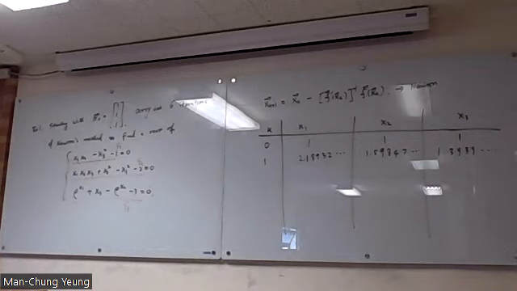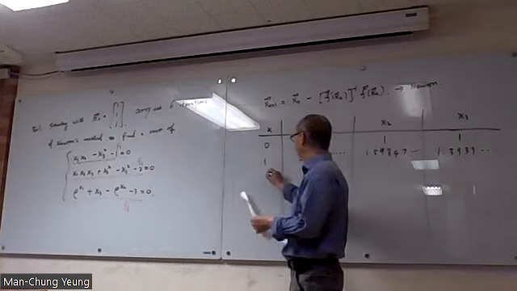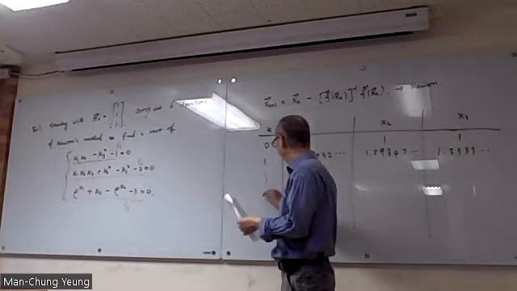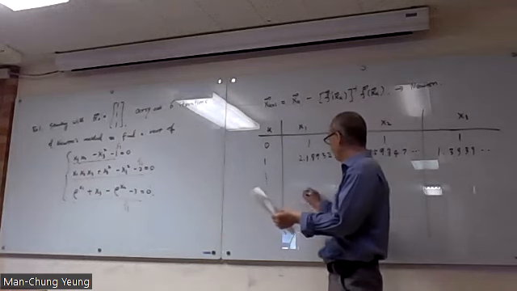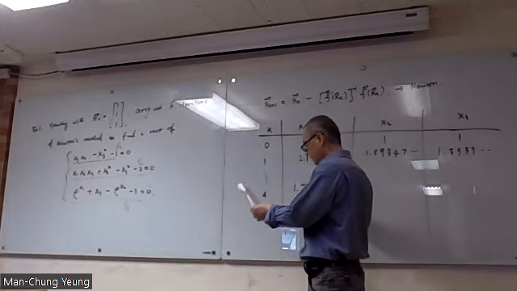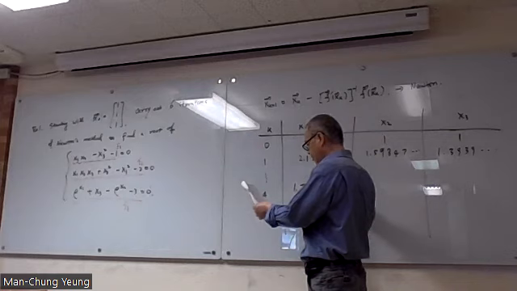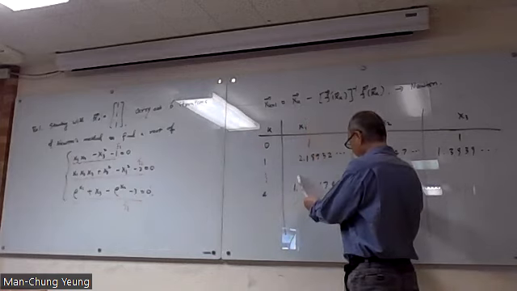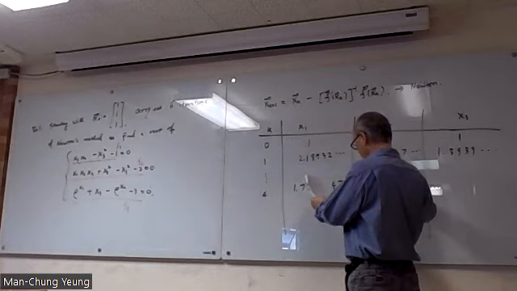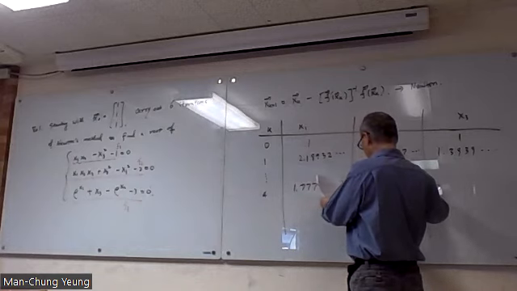Run the method six steps. When k is 4, we get 1.777674, 1.42, and so on.